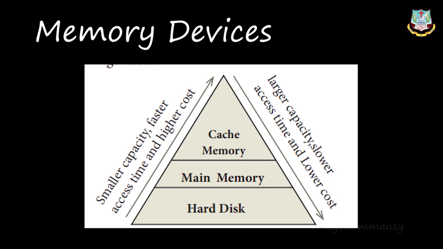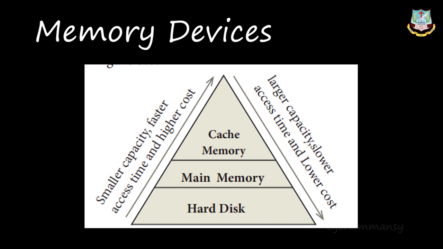But the cost also will be low, the capacity will be high and the access time will be a little slow. Okay, and the main memory, if you see, it is somewhat okay compared to the hard disk. Hard disk means larger capacity, the access time will be slower and the cost also will be lower. And cache memory means it has the smaller capacity and has the faster access time, and the cost is also high. Okay, this is the memory hierarchy, which is arranged according to the capacity, speed and cost.